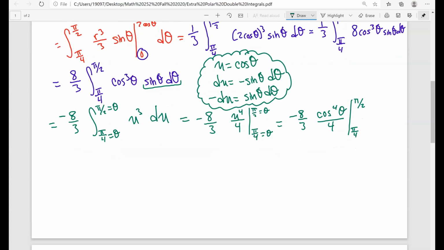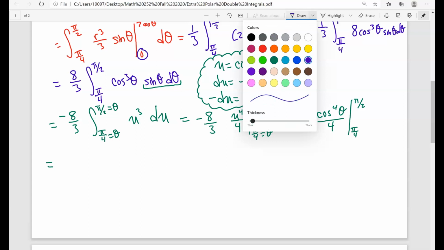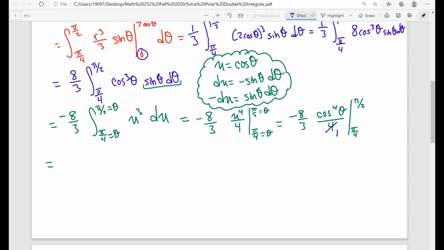Now you can multiply this negative 8/3 times this 1/4. The 4 gives me 1, and the 8 gives me a 2. So I get negative 2/3 times cosine to the 4th theta from pi over 4 to pi over 2.